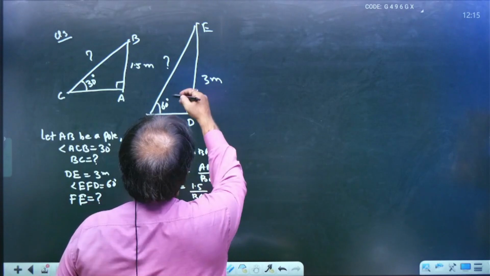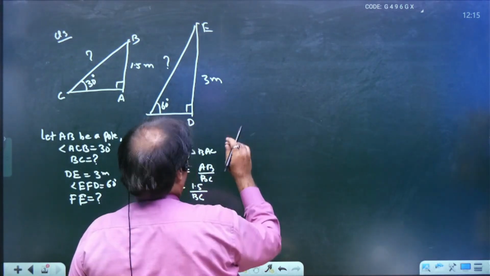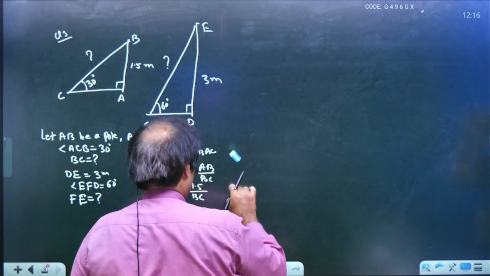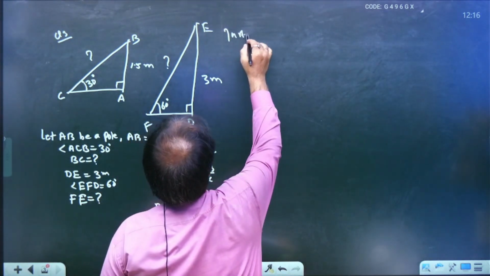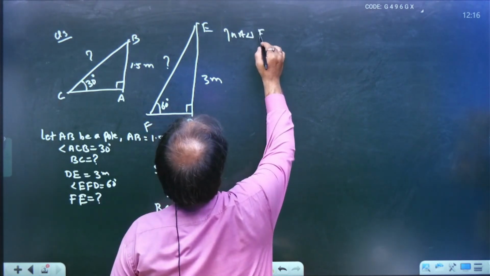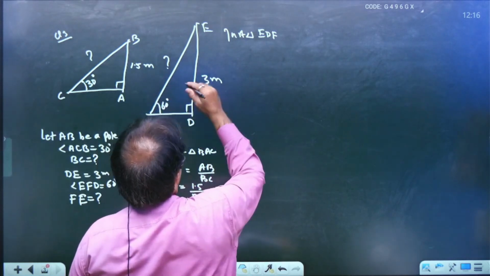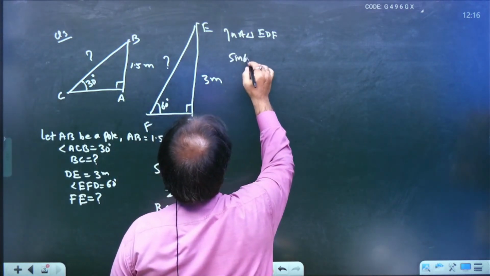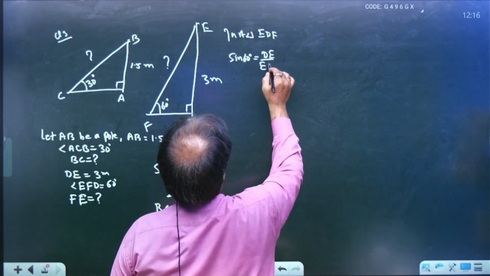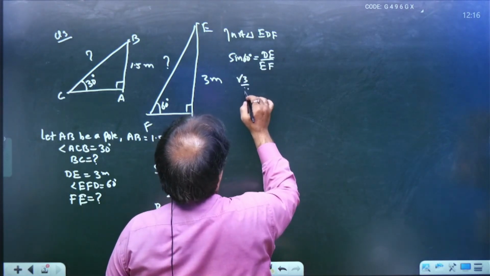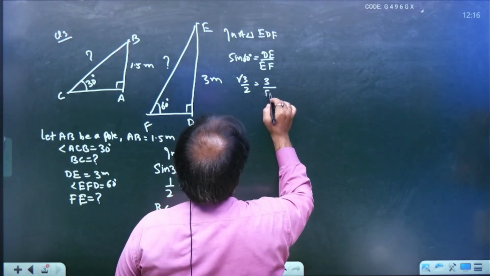Similarly, we can find in right triangle EDF, in the same way, because this is perpendicular and this is hypotenuse, so sine 60 degree is equal to DE upon EF, and sine 60 is root 3 by 2, DE is given 3 and EF we have to find.